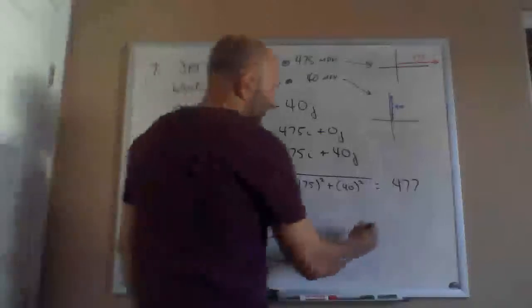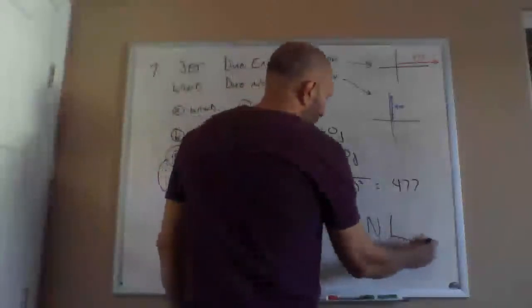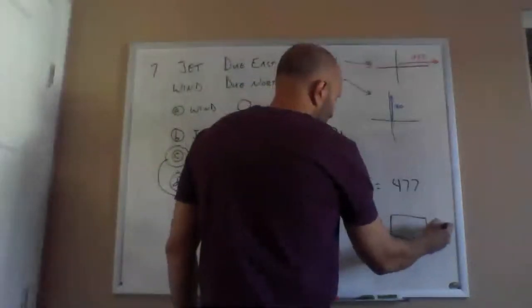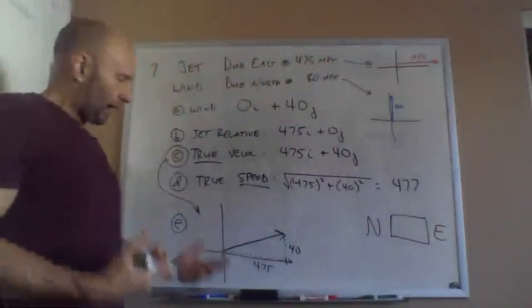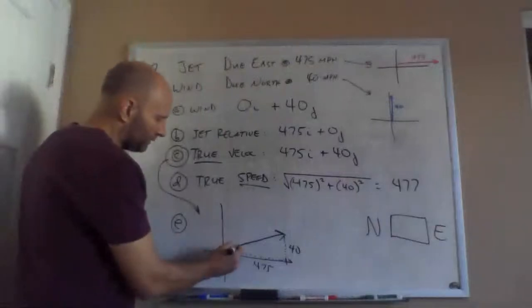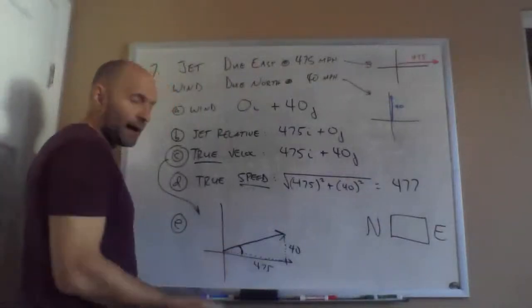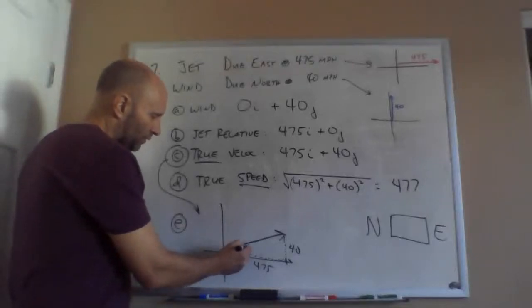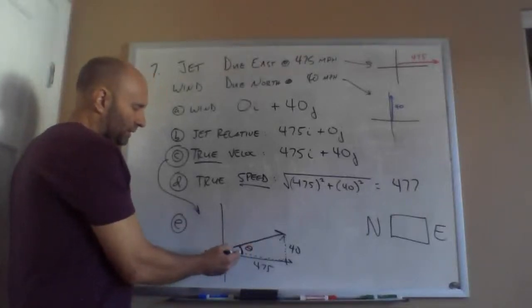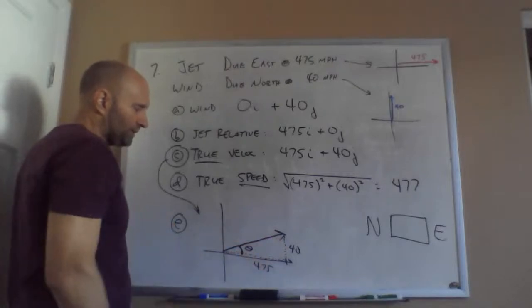So how do we figure this out? The problem tells us it wants north some odd degrees east. So how can I figure this out? Well, I can figure out this angle. How? By tangent, right? So if I want to know, okay, what's this angle theta? It's opposite over adjacent.